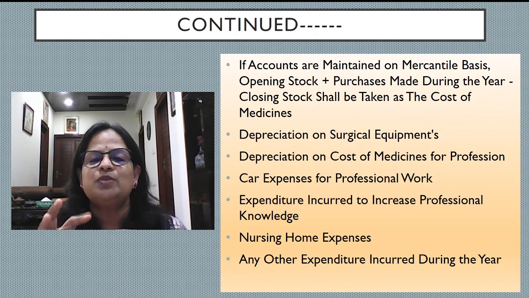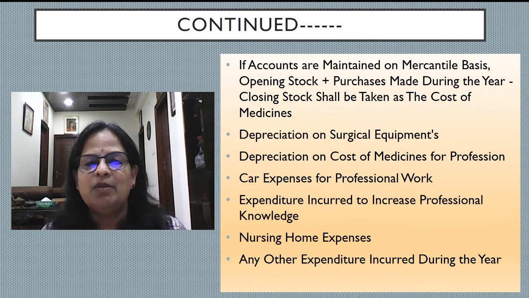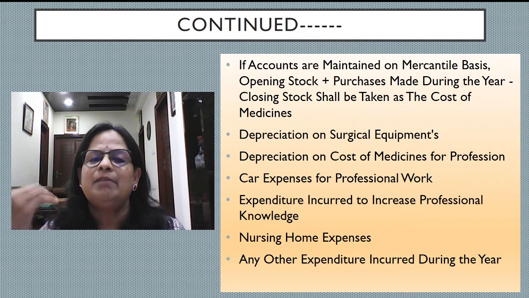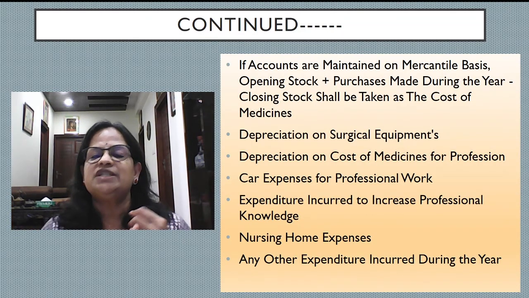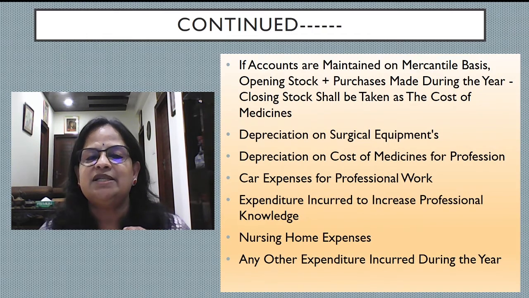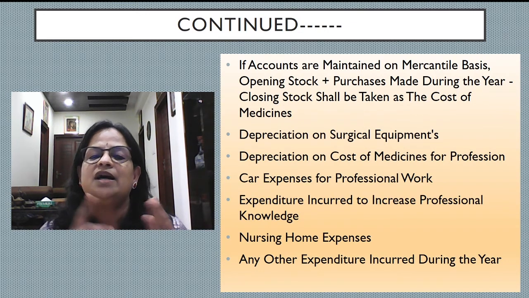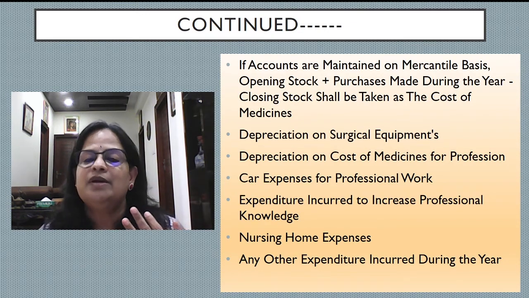So, if it's cash basis, whatever the purchase of medicine, we will take directly. If it's maintained on mercantile basis, opening stock plus purchases made during the year minus closing stock will be the cost of medicines. Now, depreciation on surgical equipment that we can consider. Then depreciation on medicines for profession. Then car expenses for professional work. Personal is not allowed, professional is allowed.